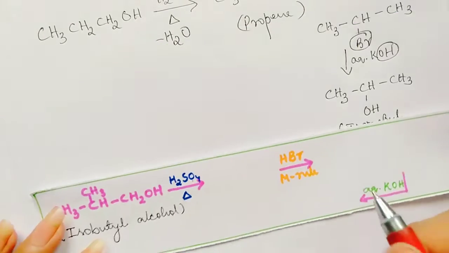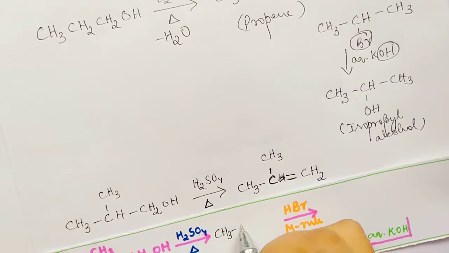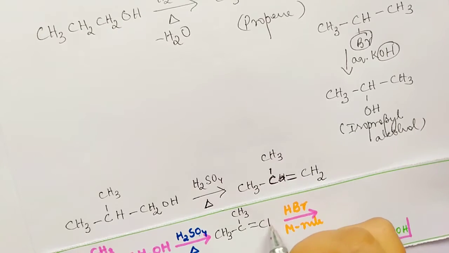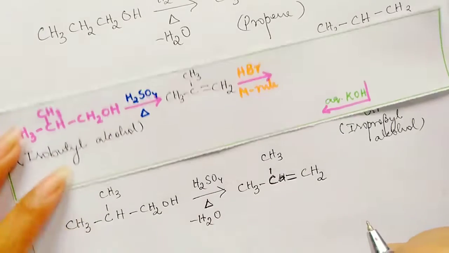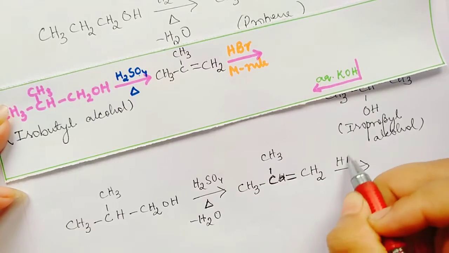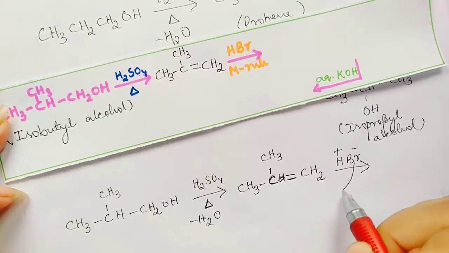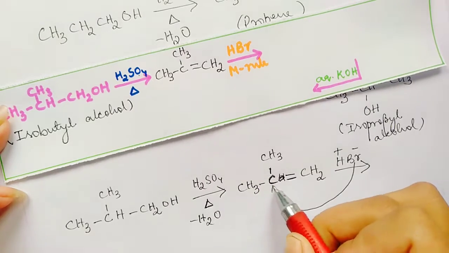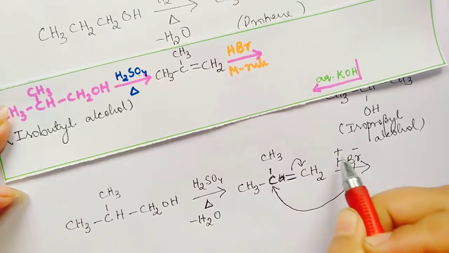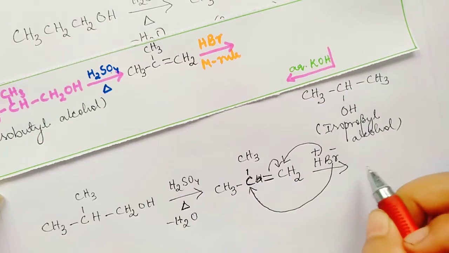Then next, here you have CH3, CH3, C double bond CH2. You are adding HBr. You have to follow the Markovnikov rule. That means the negative part goes to the carbon which is less hydrogenated and the positive part to the carbon which is more hydrogenated.